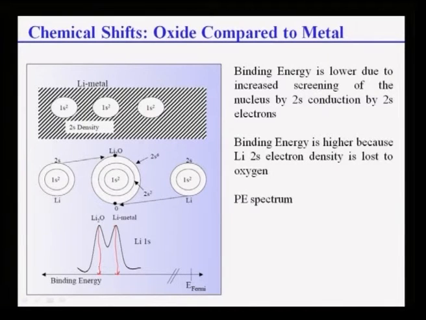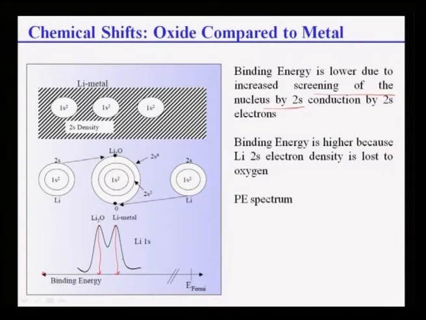So lithium binding energies get shifted, and this is due to increased screening of the nucleus by 2s conduction electrons. The binding energy is higher because Li 2s electron density is lost to the oxygen. Binding energy increases this way, and this is the Fermi surface energy.